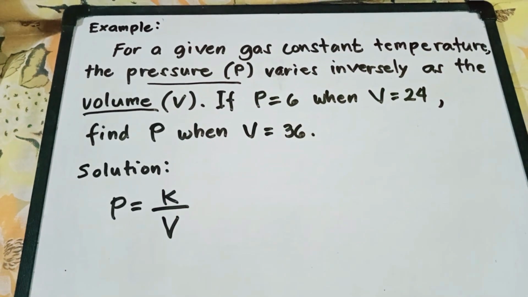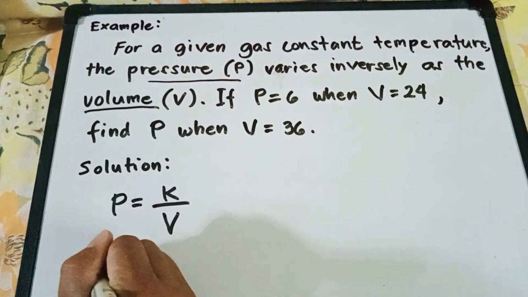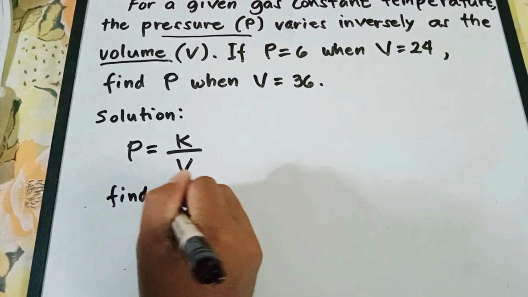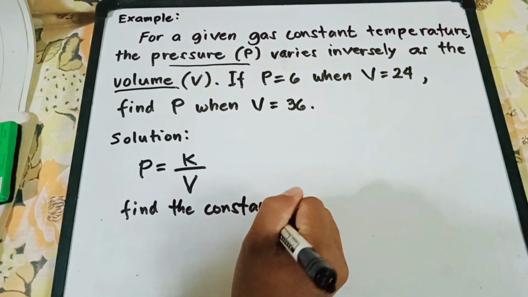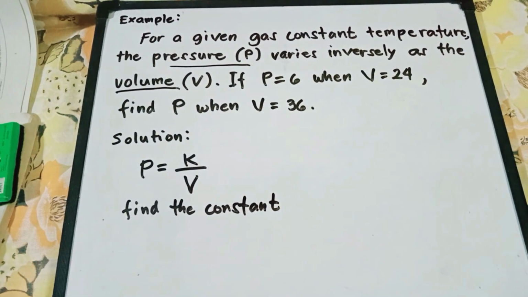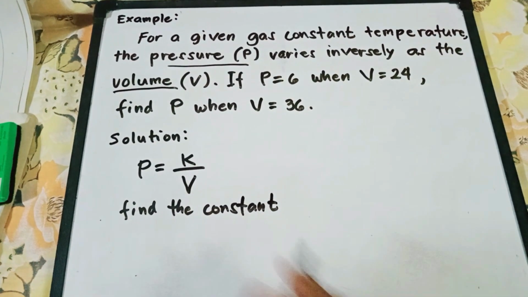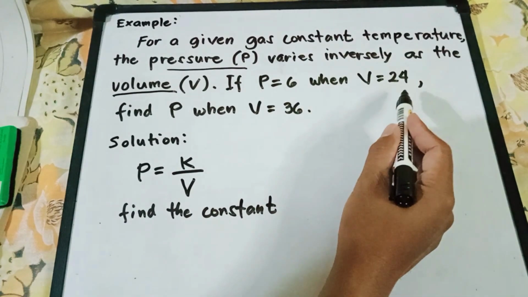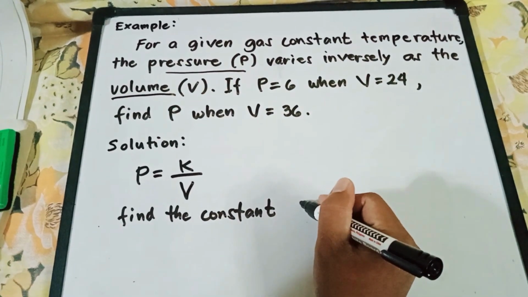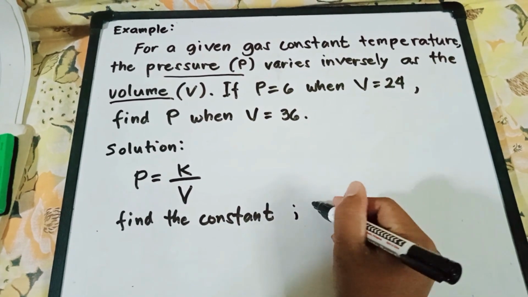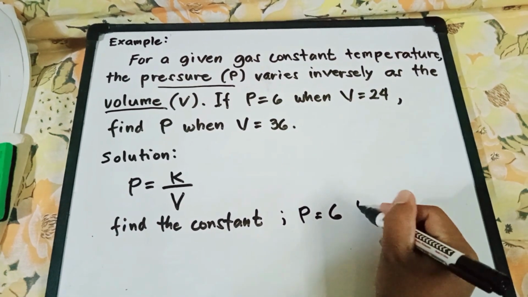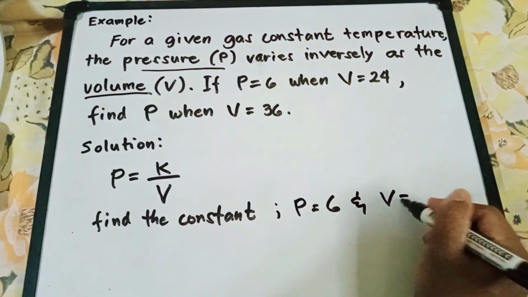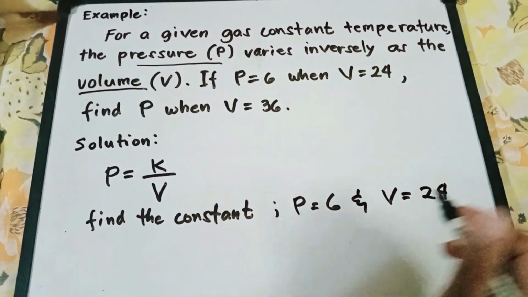After nun, we're going to find the constant. Paano natin kukunin yung constant? By substitution. Kunin natin yung first and second given: when P equals 6 and when B equals 24.